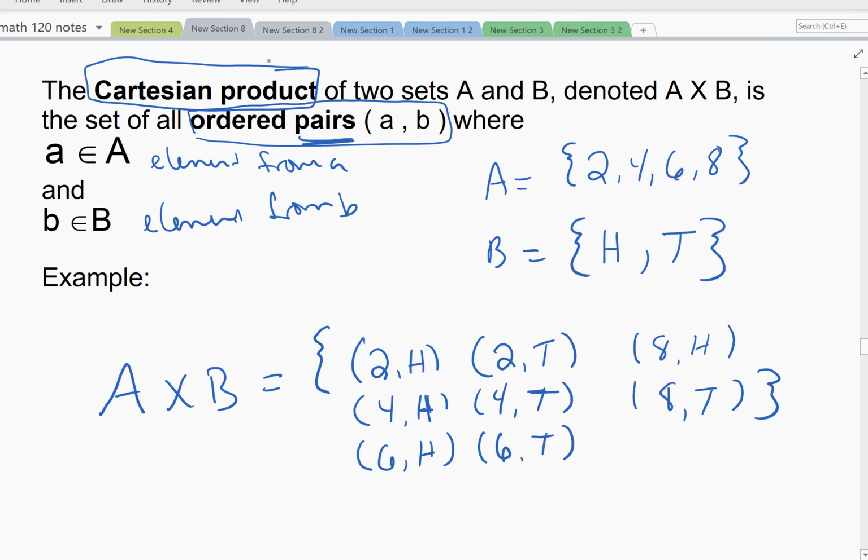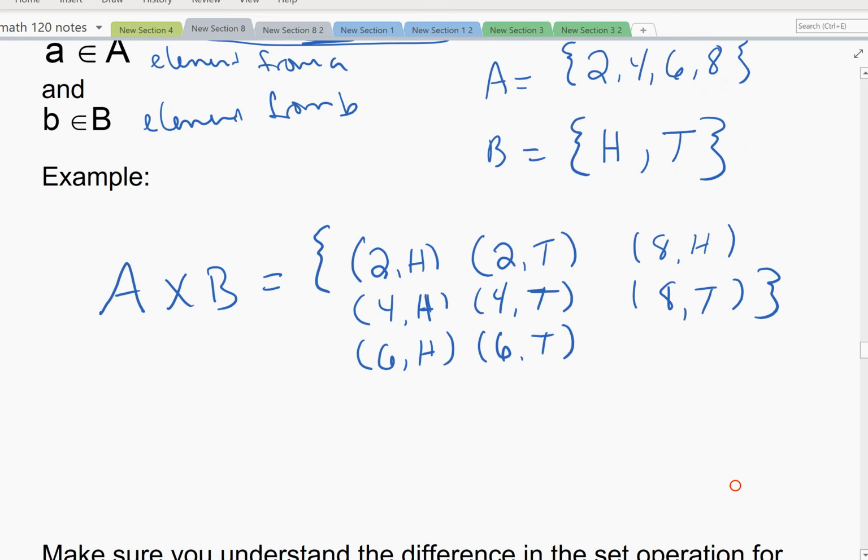If you think about it, I paired the 4 numbers in A with the 2 letters in B. Well, 4 times 2 will give me 8, and so I had 8 outcomes when I pair those two together. I have 8 pairs where I pick something from A and something from B. And so that's where the name Cartesian product comes from.